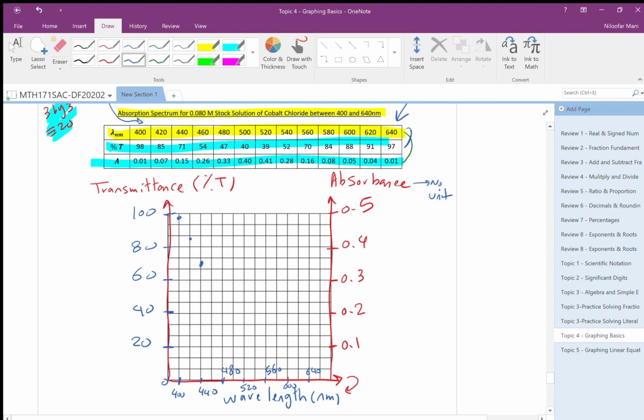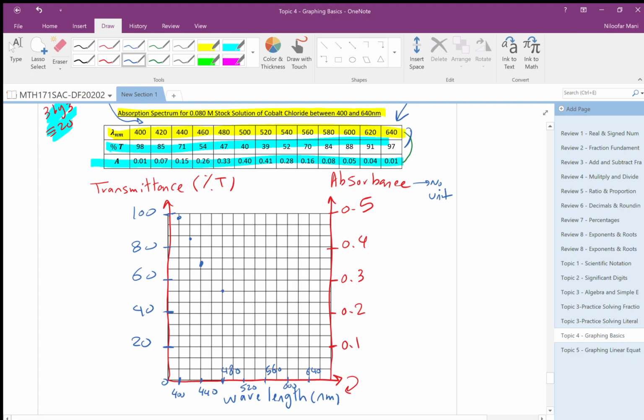Okay, 460 and 54. So I have 50, so that's 440, and that's 50 here. So that's 50, and it's almost here, and remember it's almost.